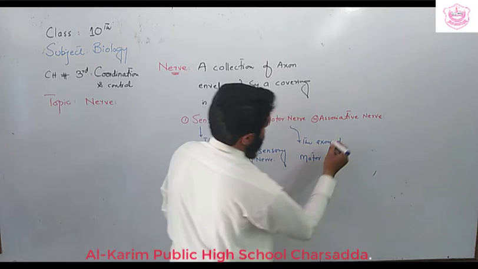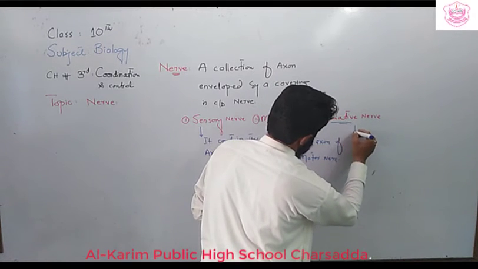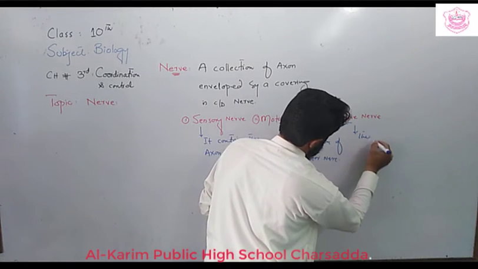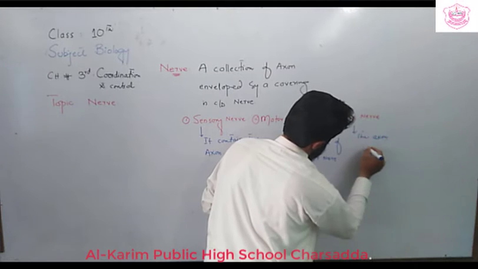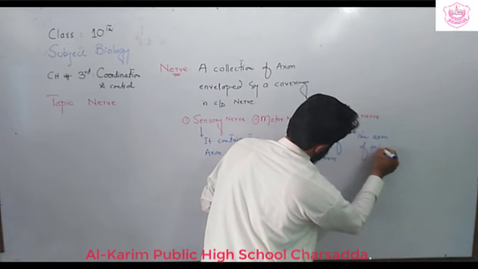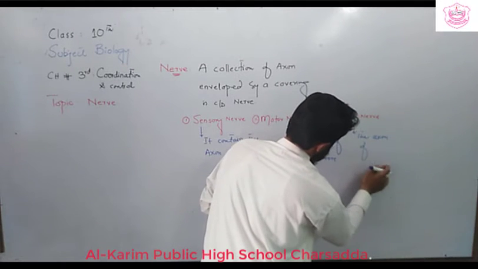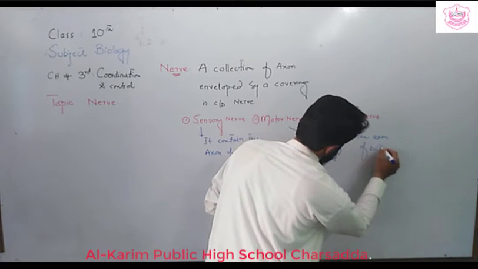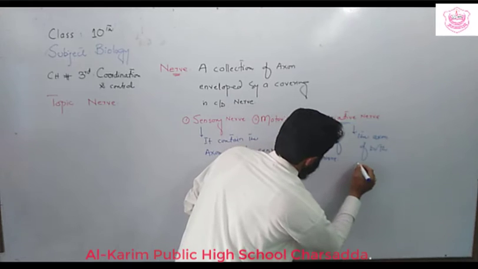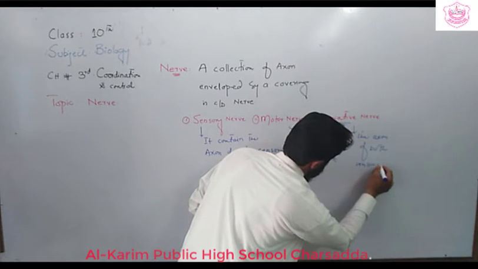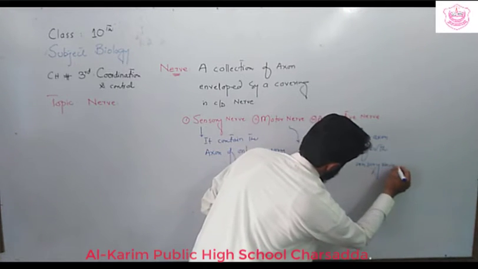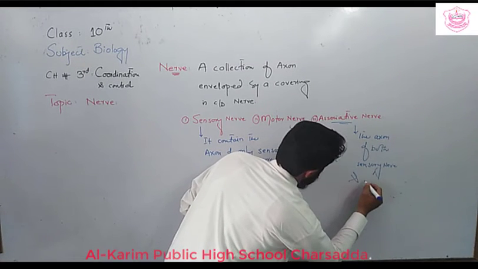Just like this, associative nerve contains the axons of both sensory neurons and motor neurons.